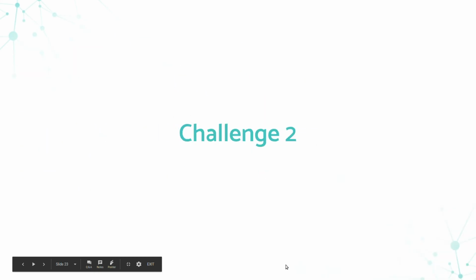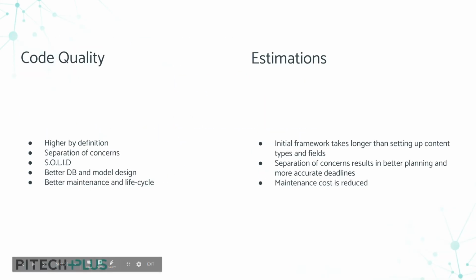Okay, so let's get back to conclusions. One of the main ideas for which I wanted to do this workshop is that I would like to see increased code quality.